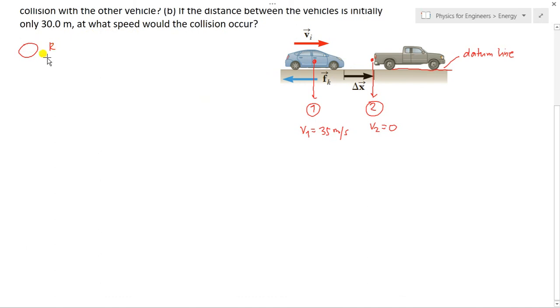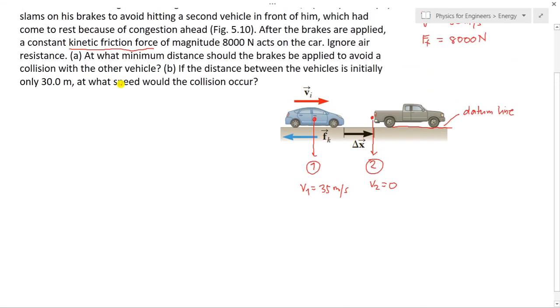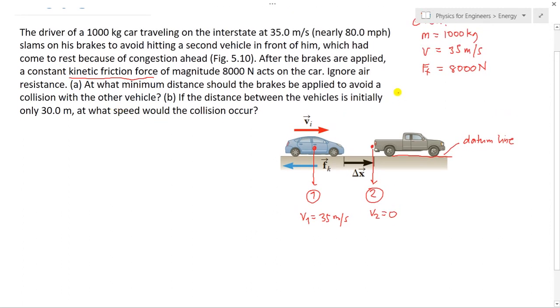Okay, how about for letter B? So for letter B, the question is, if the distance between the vehicles is initially 30 meters, at what speed would the collision occur? So we add some definitions here, or given the delta x of B is equal to 30 meters.